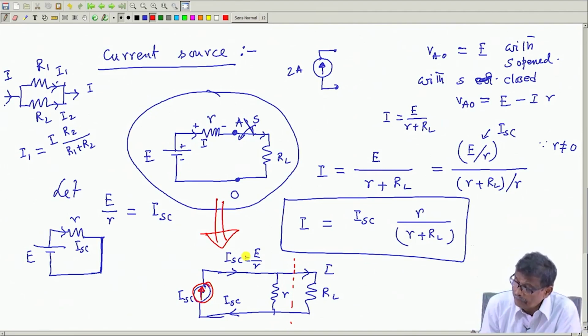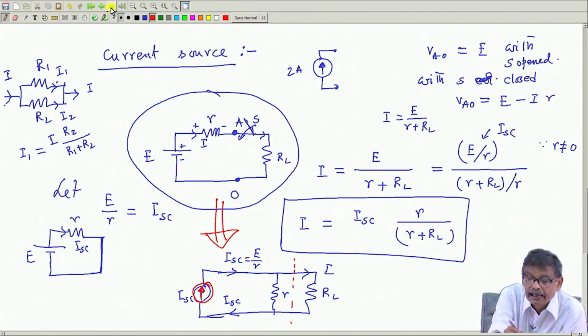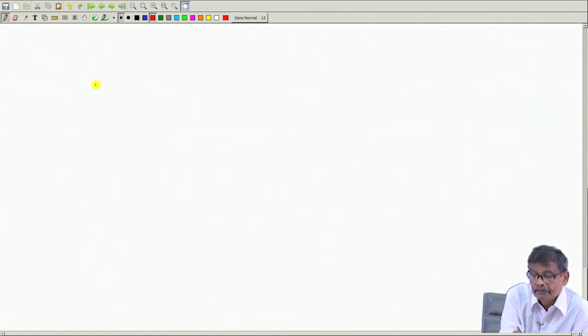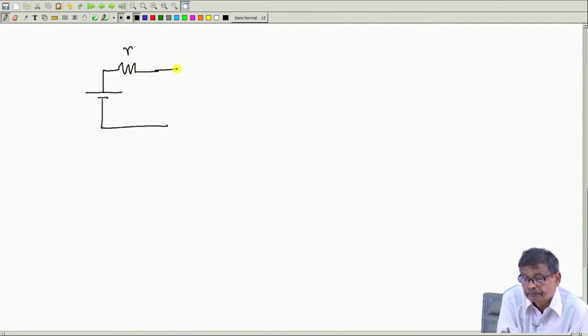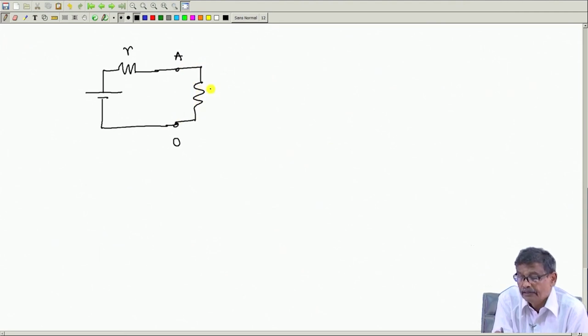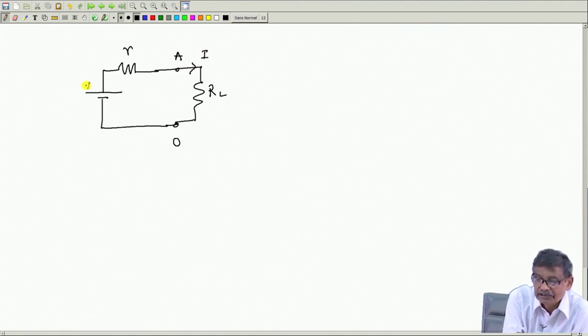Therefore, I will say that if you have a circuit like this, a battery with internal resistance, mind you, R, this is A, this is suppose O, and here is your RL, this current is I, and this voltage is E.